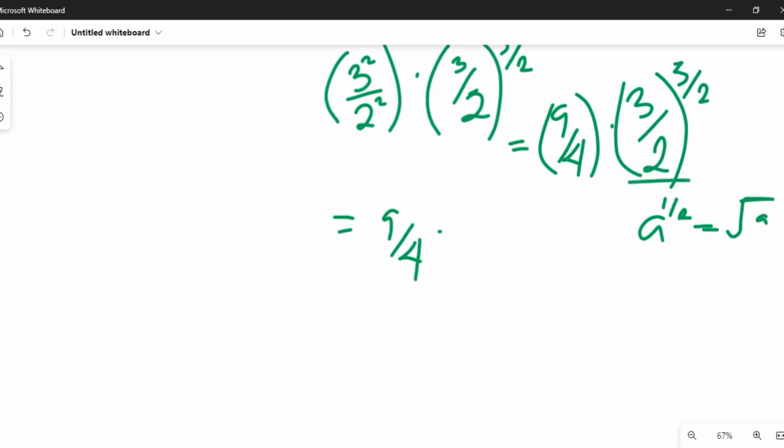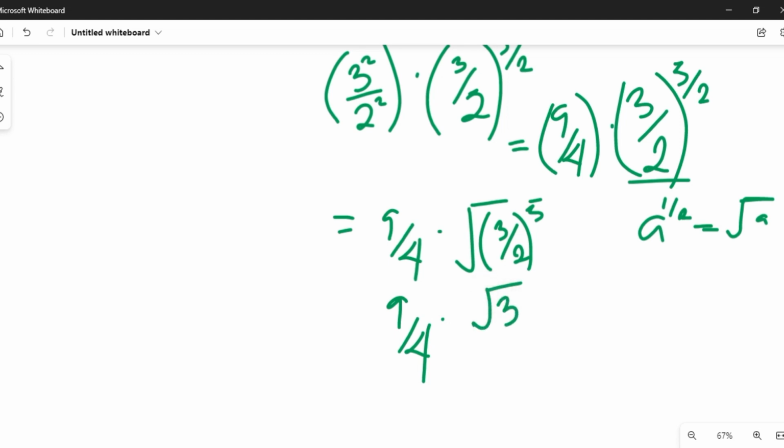If we apply it here, we have the square root of (3/2) raised to power 5. That gives us 9 over 4 multiplied by the square root of 3 raised to power 5 over the square root of 2 raised to power 5.